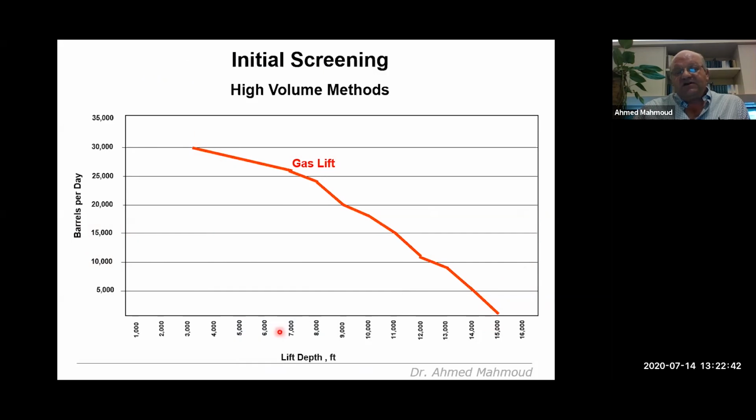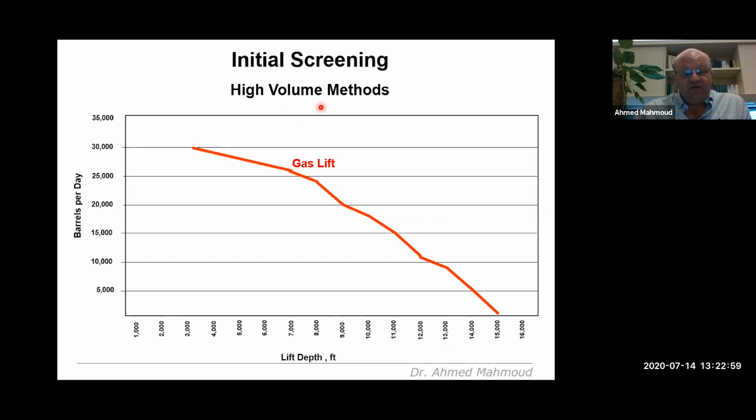So the first thing I need to do is identify that my maximum well depth is not more than 15,000 feet. The next thing is that I need to be sure that I'm in a high volume area.